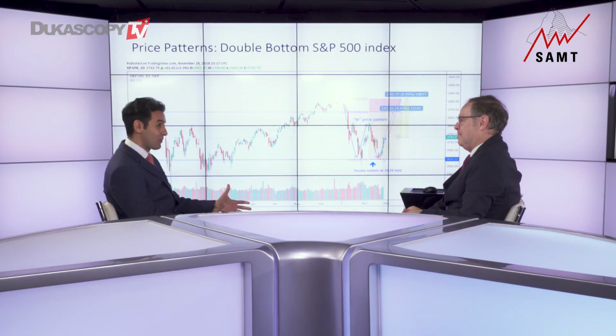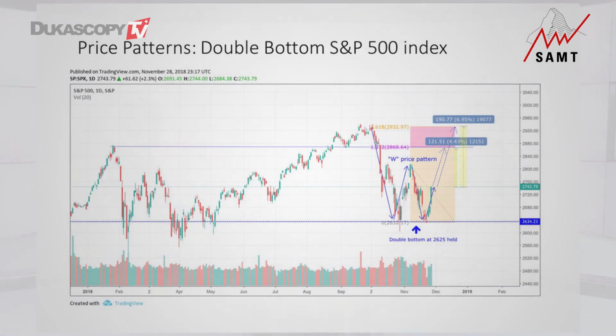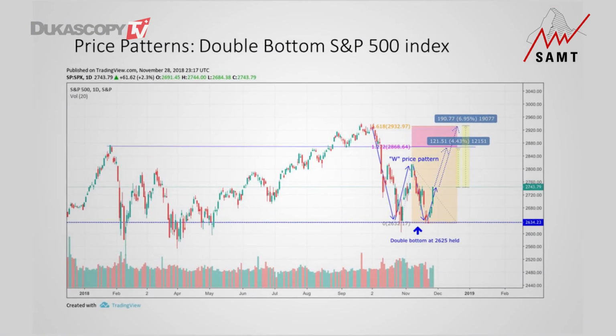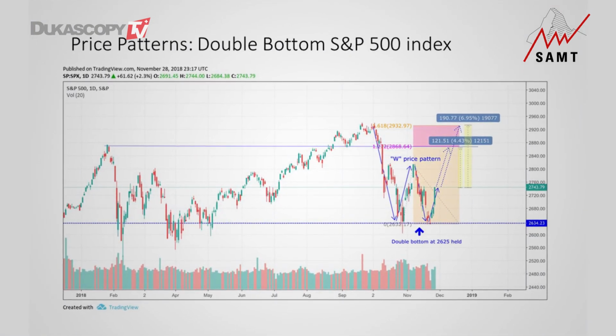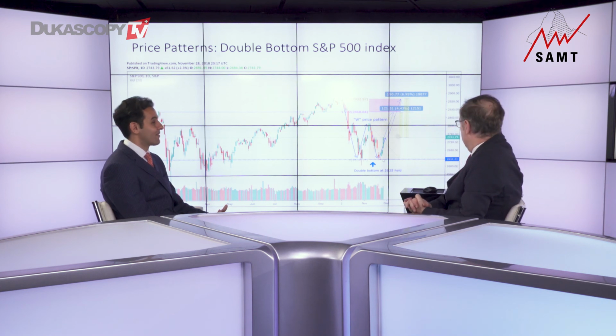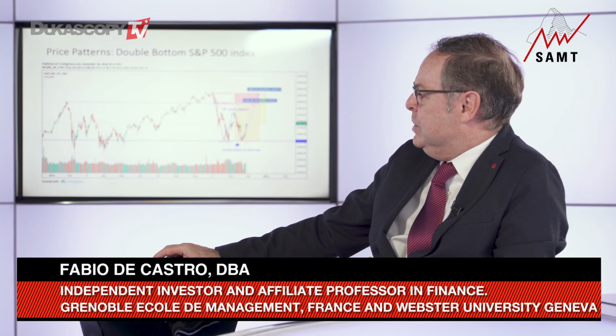So right now, looking at this trade setup, the probabilities suggest a move back to the old highs around 2960, but the cutoff level is at 2625, a risk level if the trade goes the other way. Absolutely. With technical analysis we try to anticipate the next move, but we are never 100% sure that it is going to happen. That's the reason why it's important to understand at which level of price I don't want to be in this position anymore.